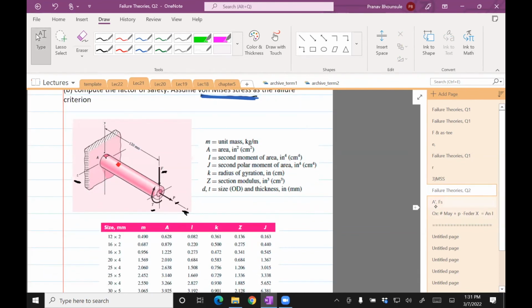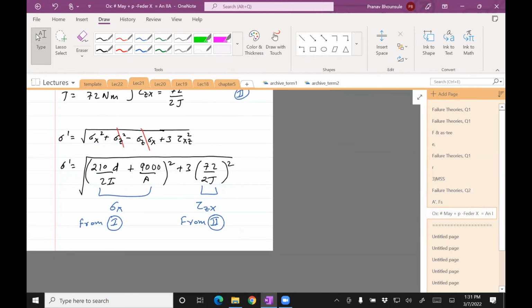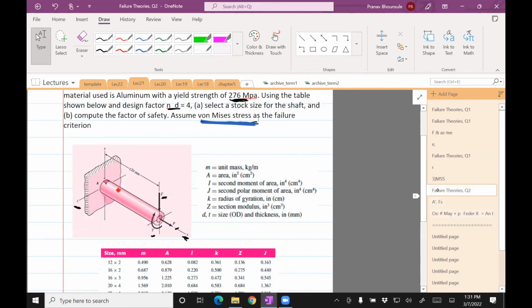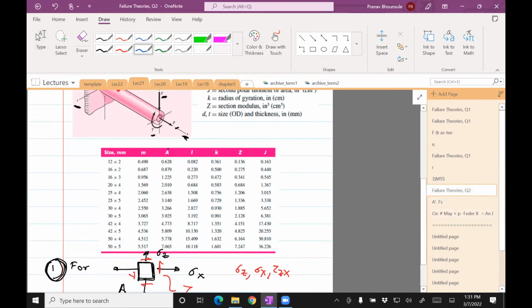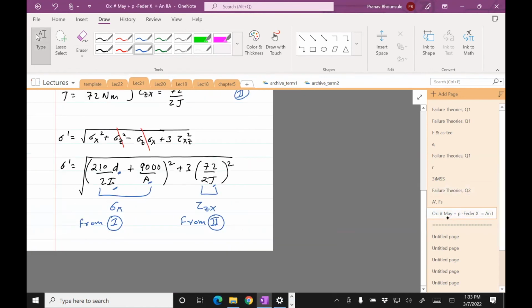Okay, so we have this expression which is just long, and we don't know anything about D, I, A, and J. So what we do now is, we can go to this table. You can see that the table gives us, for different stock sizes, it readily gives us what A is, what I is, what J is. So if you choose this stock size, that's your A, I, J. So what needs to be done is we need to sub in the values for D, A, I, J from that table and compute what sigma prime is.